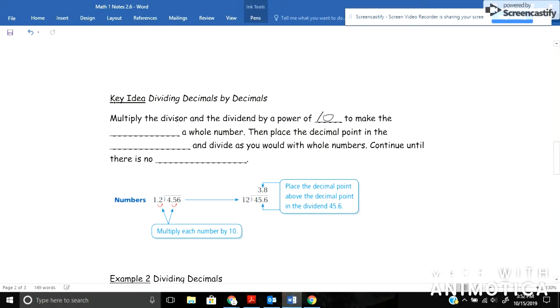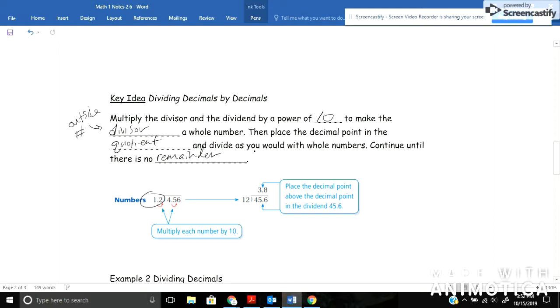Remember, the divisor is the outside number, outside the long division sign. Then place the decimal point in the quotient, and divide as you would with whole numbers. Continue until there is no remainder.